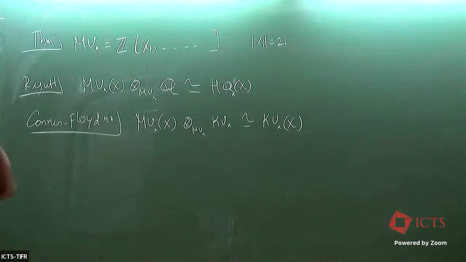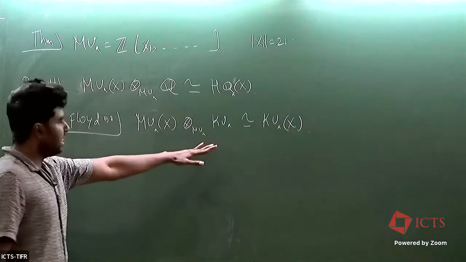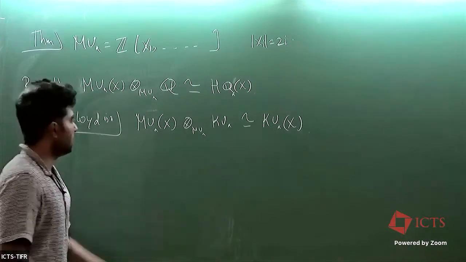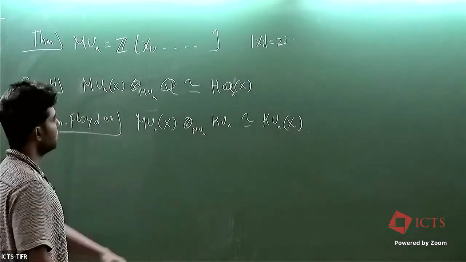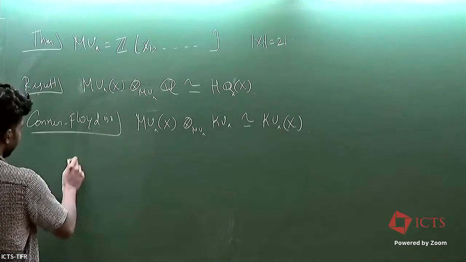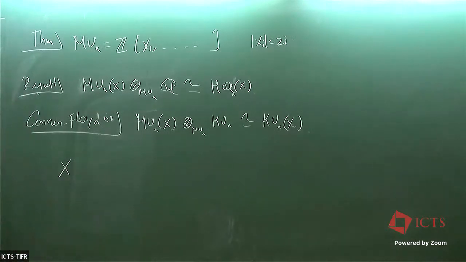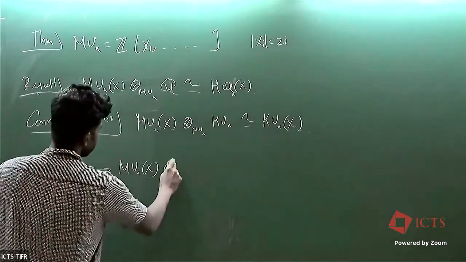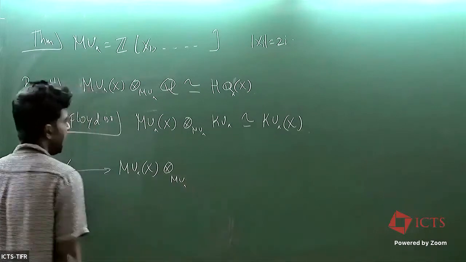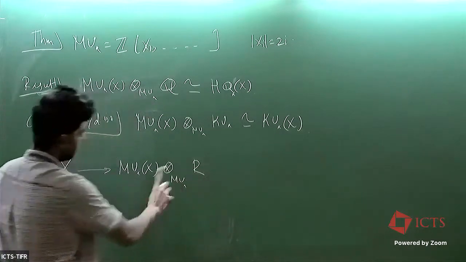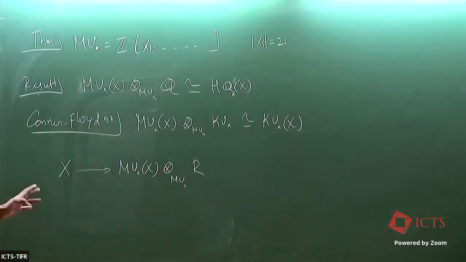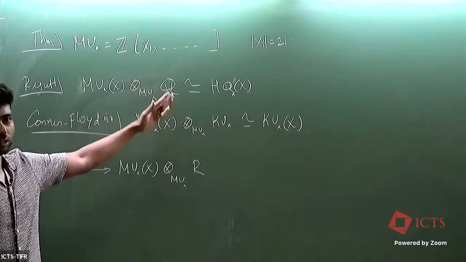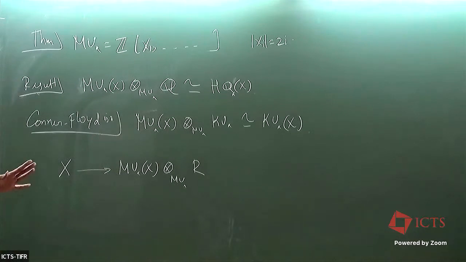So now our question is: is it true in general? If I take this functor X from the category of finite CW spectra, sending X to MU star of X tensored over MU star with some MU star module, when can we say that this gives a cohomology theory? These two examples give us a cohomology theory, but is it true in general?